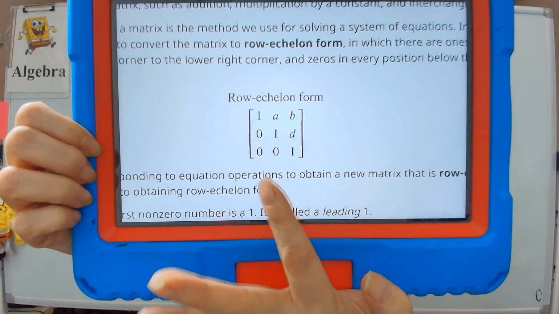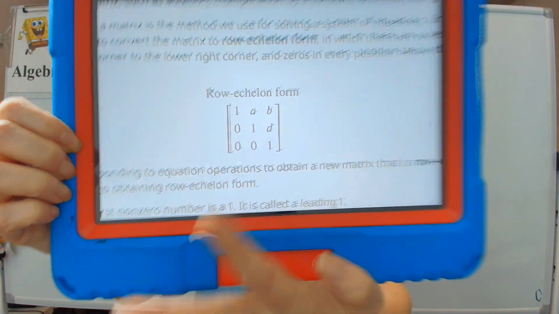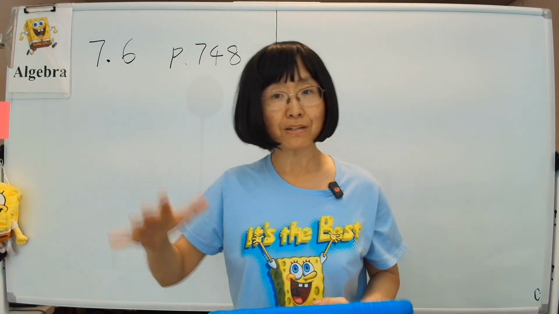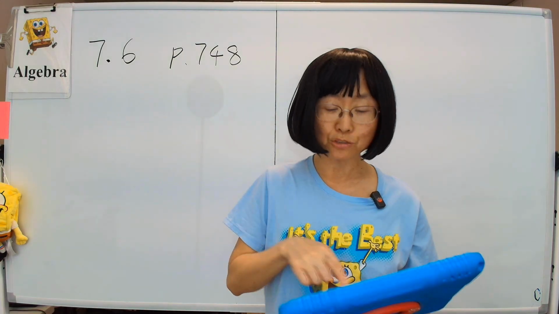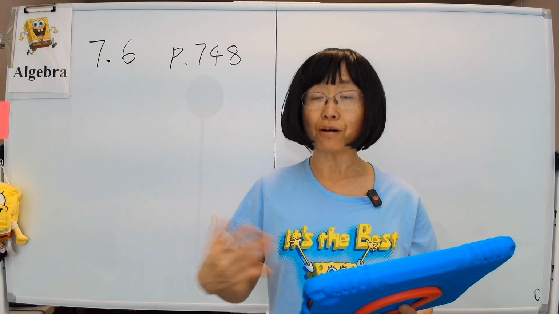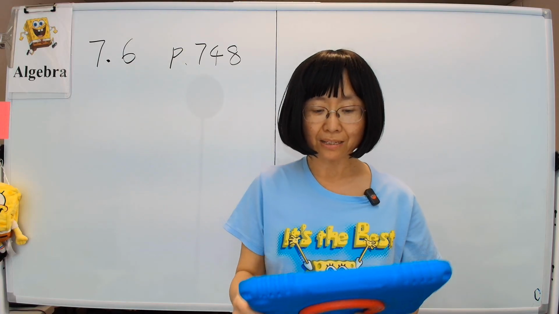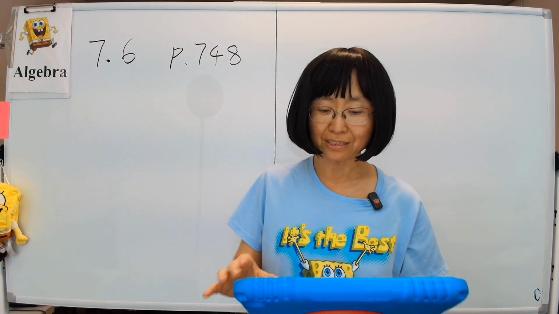It doesn't matter. It just has numbers. But we need 1s going down and zeros under the 1s. And we're going to turn every single matrix into this form. But they are square matrices, so that's all we care about right now, okay? And then turn it into this, the row echelon form.